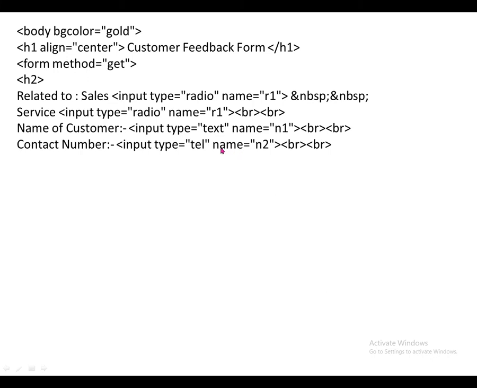If you want to add some attributes here for some criteria, you can add a format and so on. Somewhere I am using it, so no need to add it everywhere. So input type tel means the user's input must be a telephone number. Then you are using a suitable name, N2. So again BR.